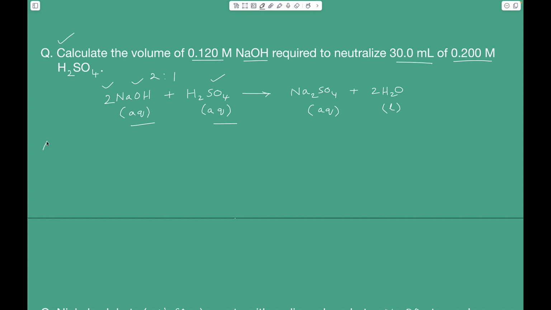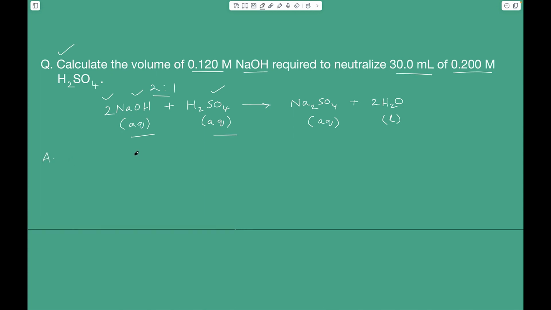Now, how do we answer this question? Now, let us break it down. From the stoichiometric coefficients, we understand that 1 mole of sulfuric acid reacts completely, whether pure or in aqueous solution, with 2 moles of sodium hydroxide.